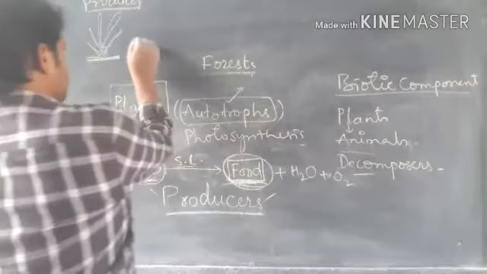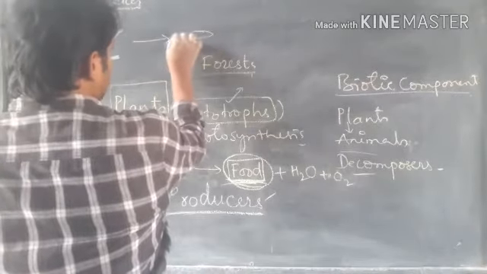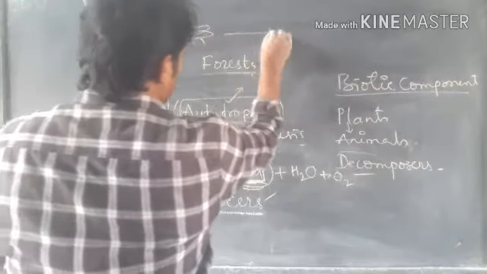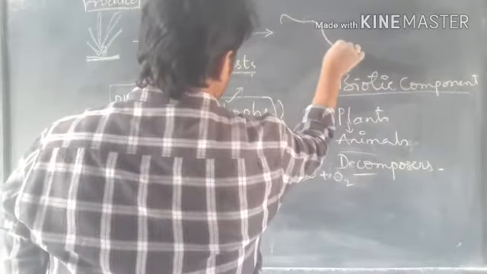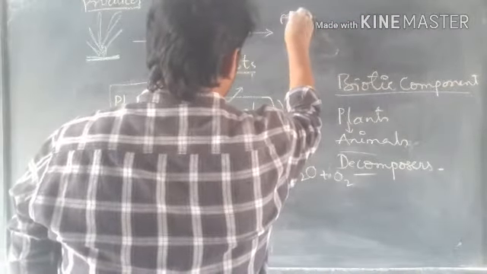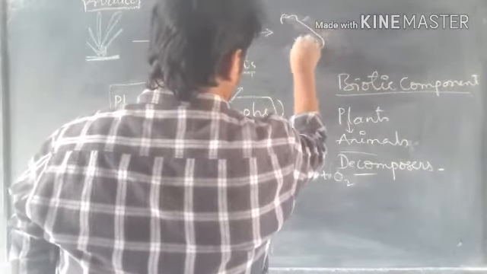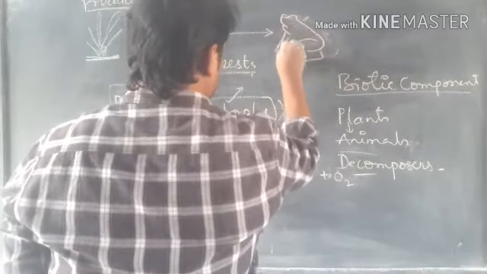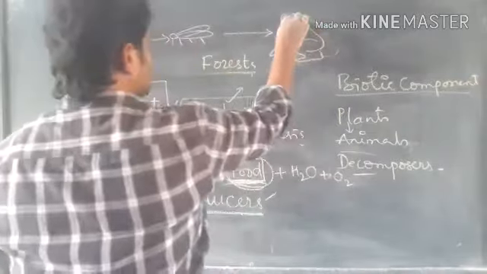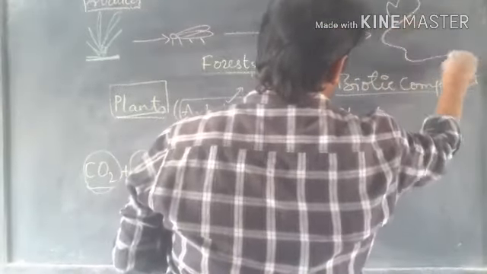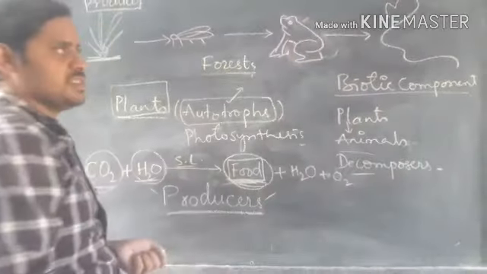Say for example, this plant is eaten by a grasshopper. The grasshopper is eaten by a frog. Now what happened? The frog eats the grasshopper, and now the frog is eaten by a snake.